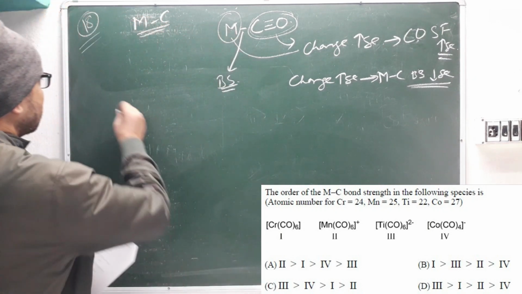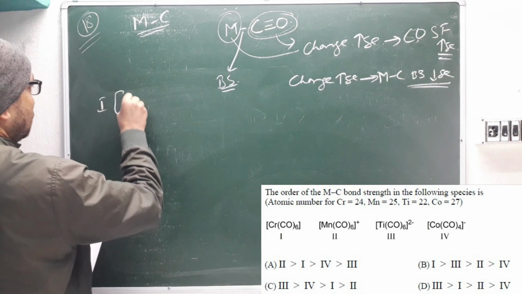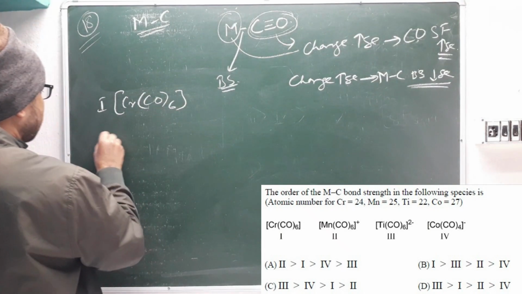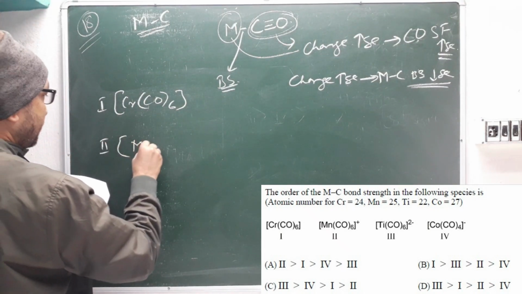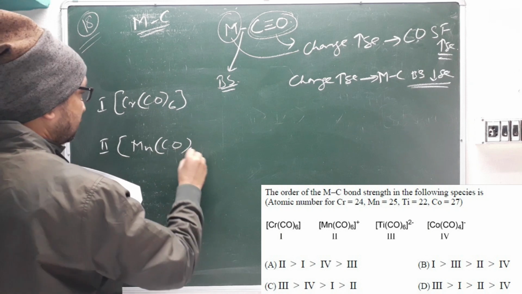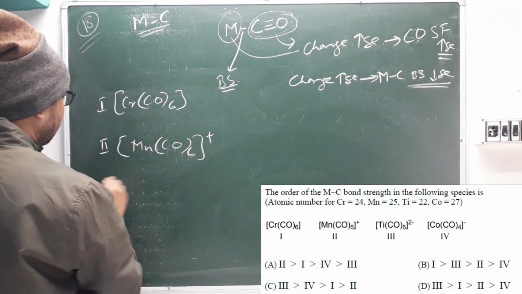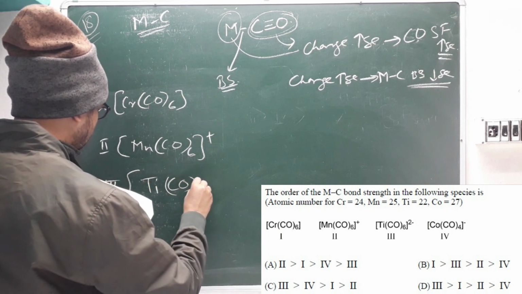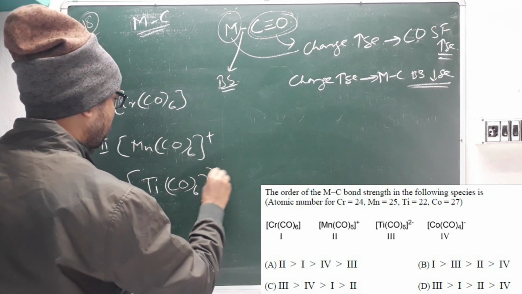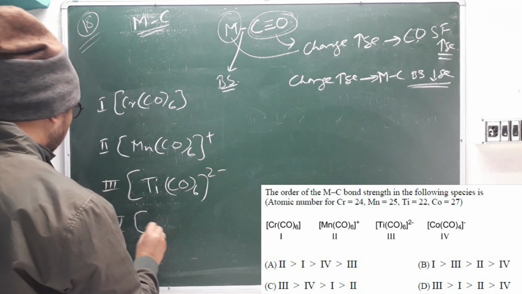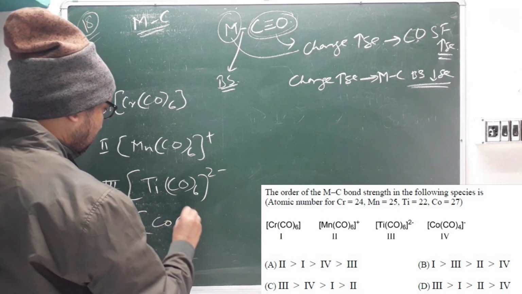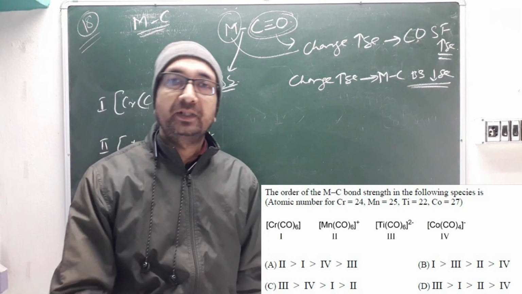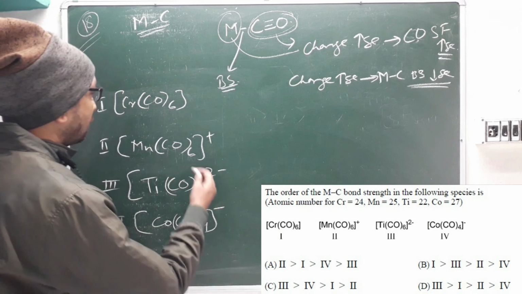They have given chromium carbonyl, and then second, manganese carbonyl, and then third, titanium carbonyl 6, and then 2 minus, and then fourth one, they have given cobalt carbonyl 4 times, and then minus. Likewise, how we have solved that particular question, we will solve here also.